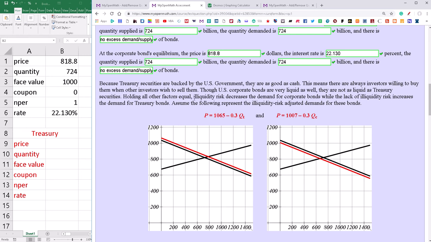So if we hold default risk constant, if these have basically the same probability of default and everything else is identical, it's just that the corporates are less liquid, less easy to turn into cash, less easy to sell for cash than treasuries. What's going to happen is the demand for treasuries will go up. People will want that liquidity.